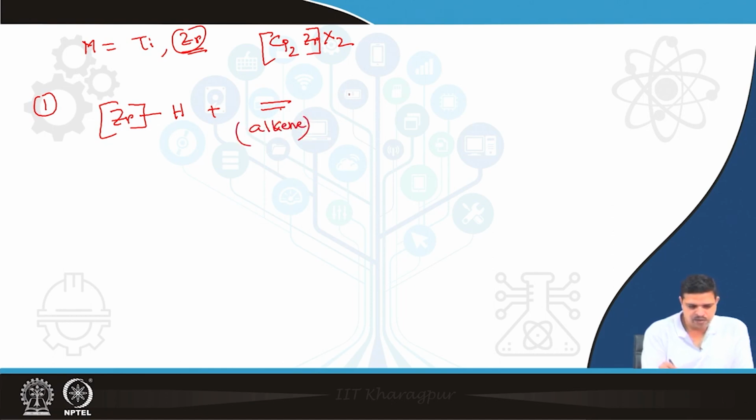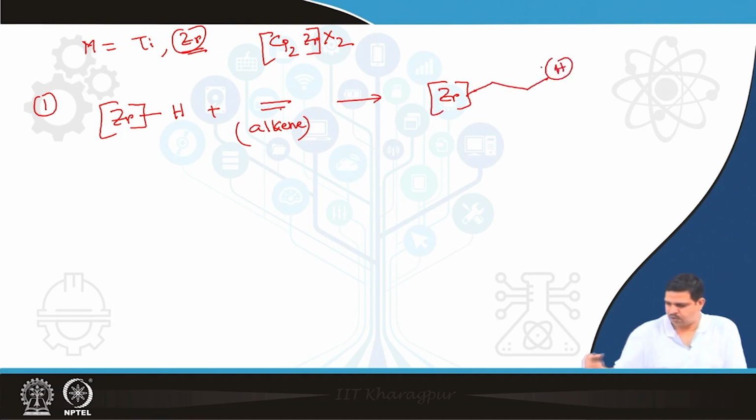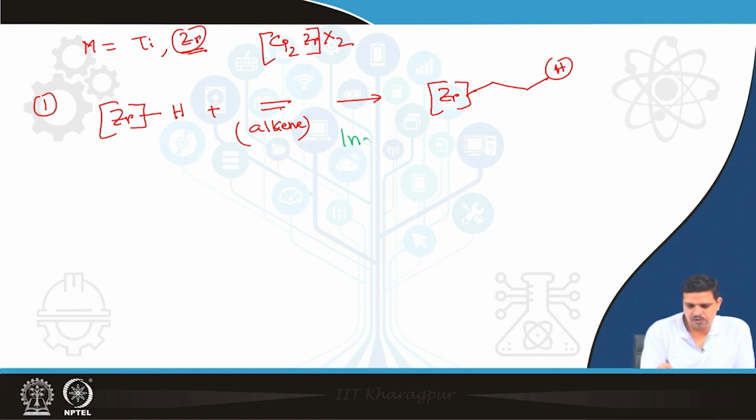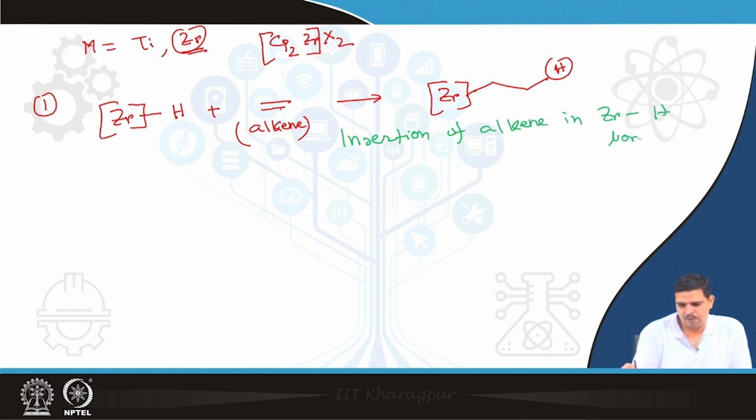Then you will have this one, and this hydrogen is basically that one. So what is happening? It's basically insertion of alkene in the Zr-H bond.